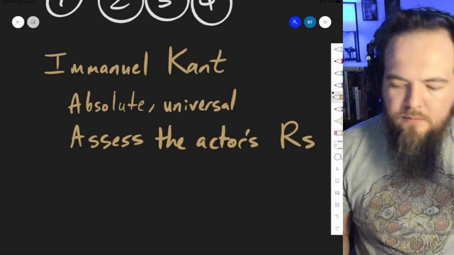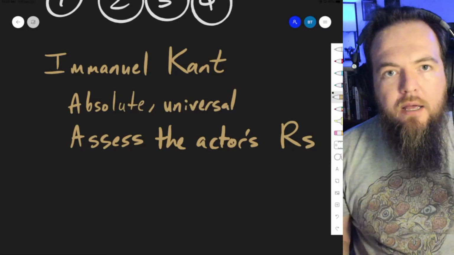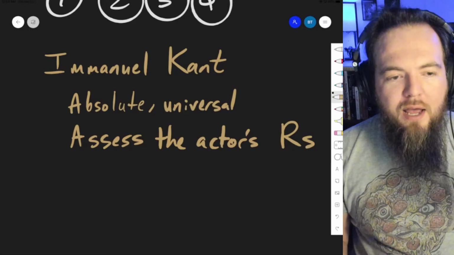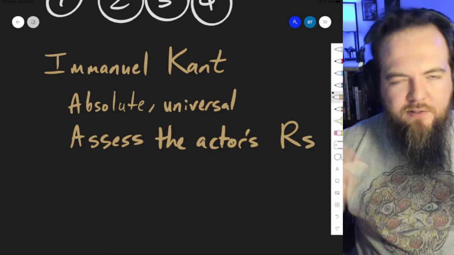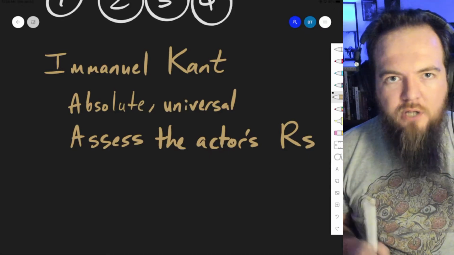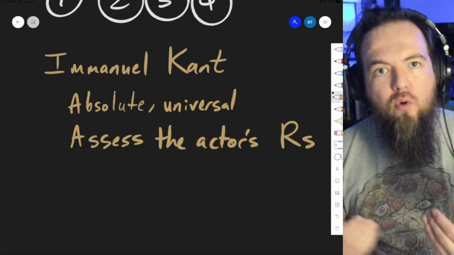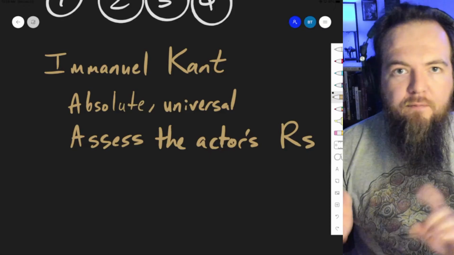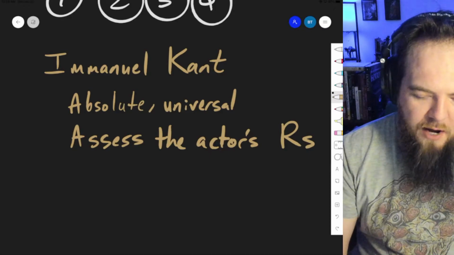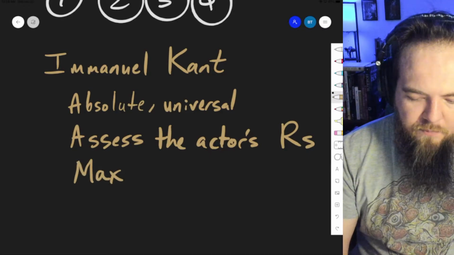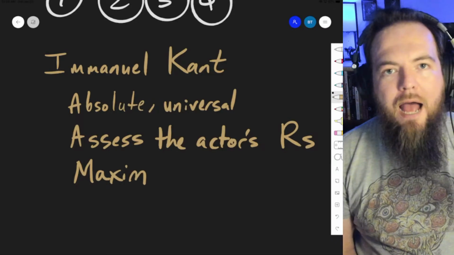Because for Kant, the big thing is that we're going to try to use at least 2 different ways. There's multiple others that we could potentially talk about, but 2 different ways of trying to assess whether what we're doing is right or wrong, okay? But the first piece is to try to find the maxim of our actions.